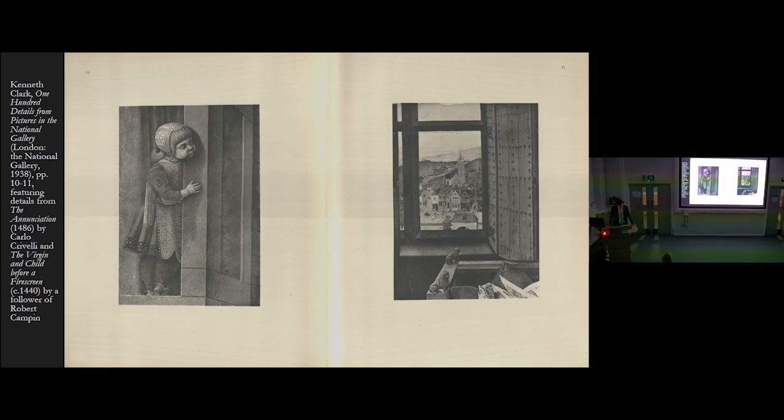The child is from Carlo Crivelli's The Annunciation, and the window is in The Virgin and Child before a Fire Screen by a follower of Robert Campin, both in the National Gallery in London. The dialogue between paintings defeats history and geography, made possible only by cropping the paintings into slivers, two black and white photographs laid out in Kenneth Clark's 1938 book, 100 Details from Pictures in the National Gallery.